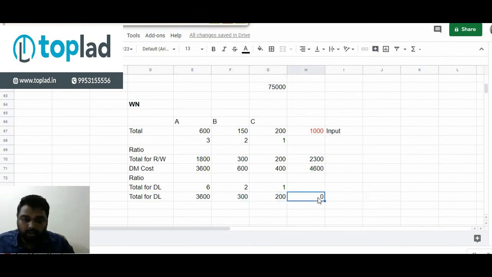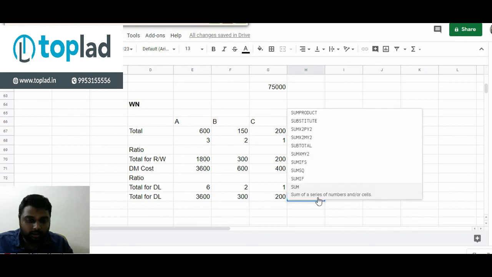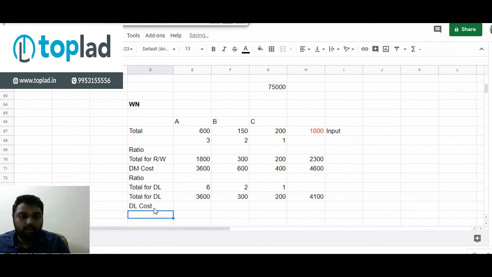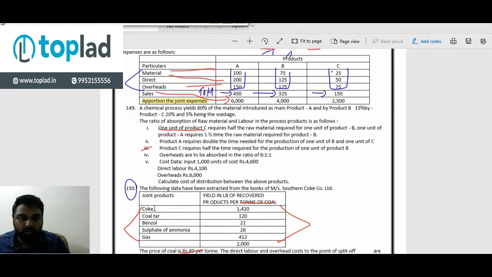The sum total of all the details will be 4100. Now we can apportion direct labor cost. What is the direct labor cost? Direct labor cost will be 4,100.